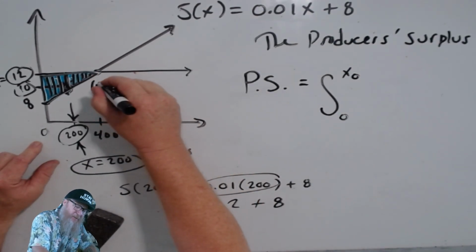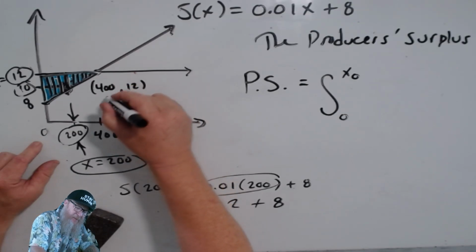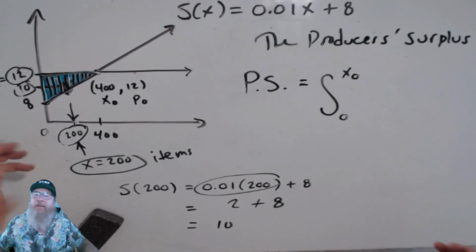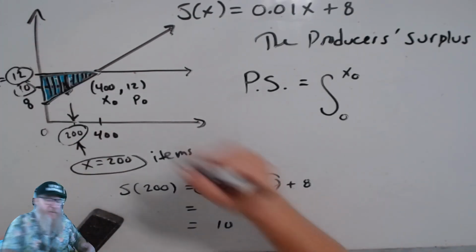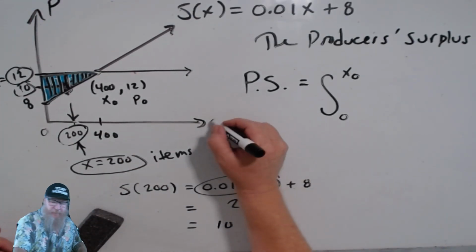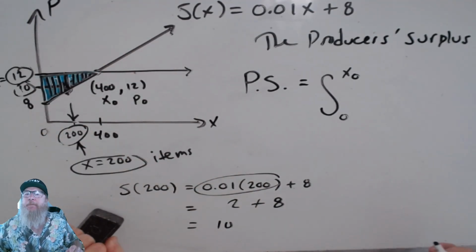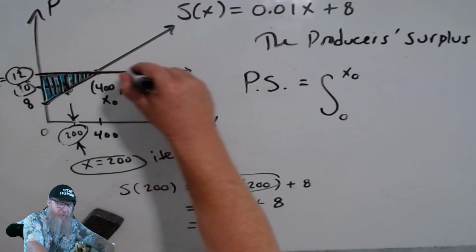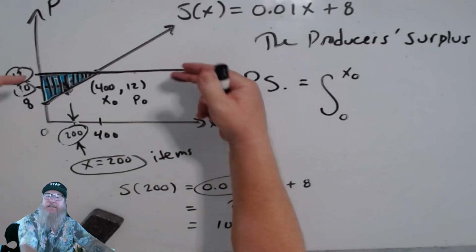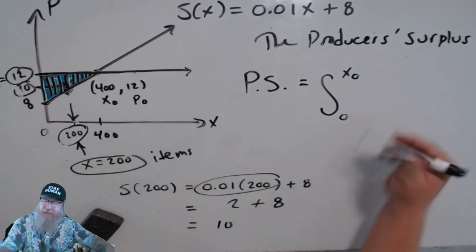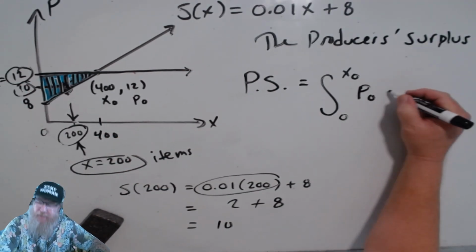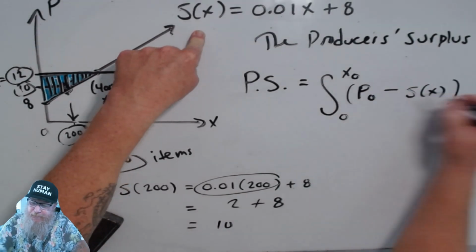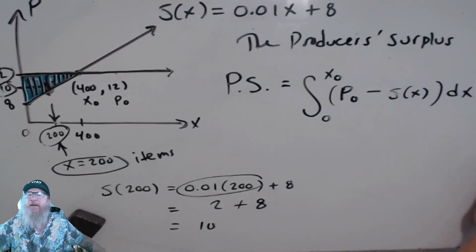Remember, x0 is the x coordinate of the equilibrium, and then p0 is the p coordinate in the market. And this time you reverse it, because remember the rule for area between curves, you have to take the ceiling minus the floor. So the ceiling is p0 minus the floor, which is S of x, and then do that integral with respect to x.